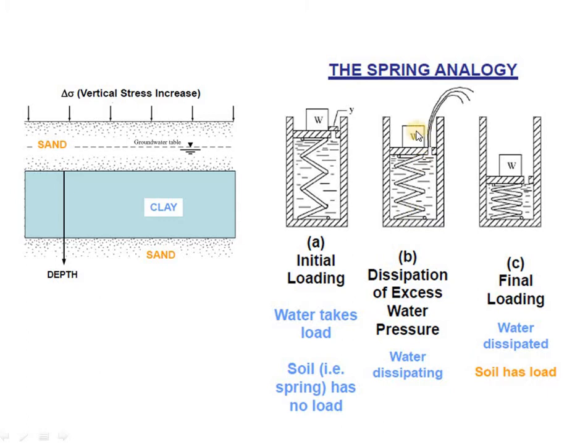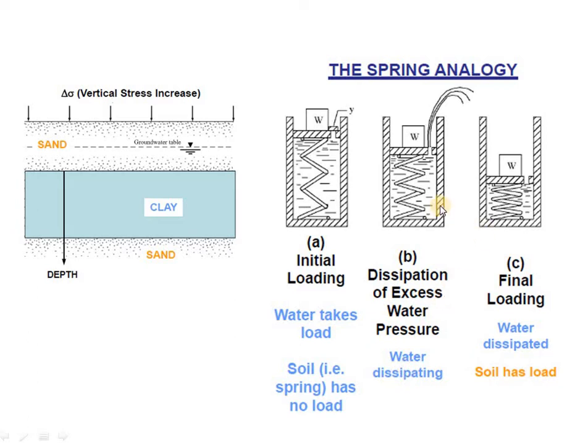When the load further increases, the soil will try to compress and the water will try to expel with respect to the loading. So that is dissipation of excess water pressure. Then water dissipates.